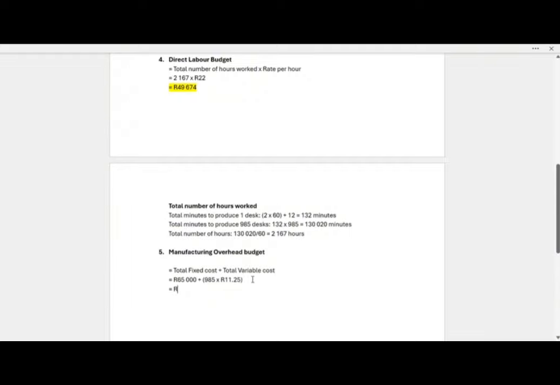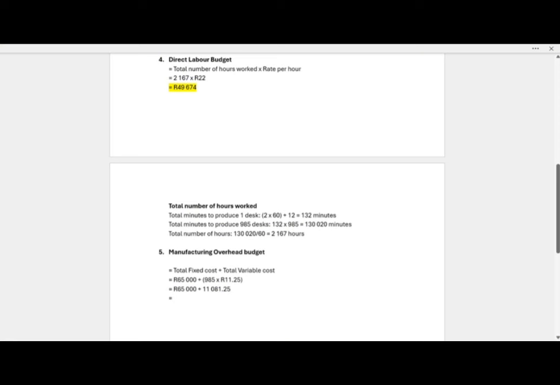It's going to be 65,000 plus the variable cost. Total variable cost is going to be 985 multiplied by 11.25, which is 11,081 rand 25 cents. And how much is our total manufacturing overhead budget?